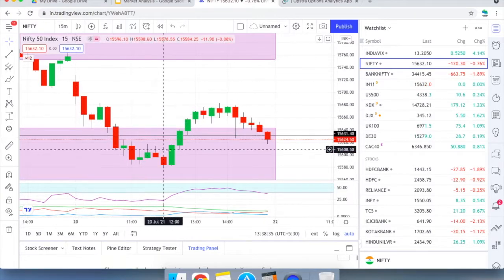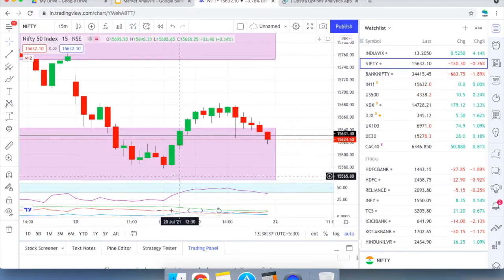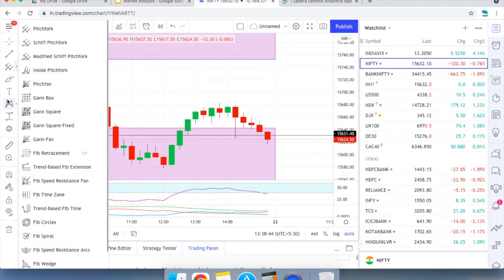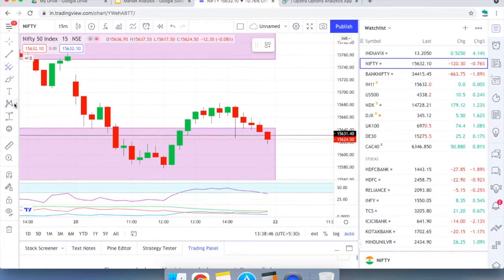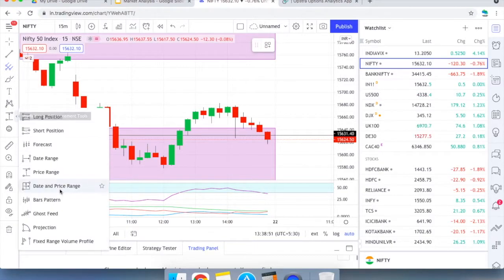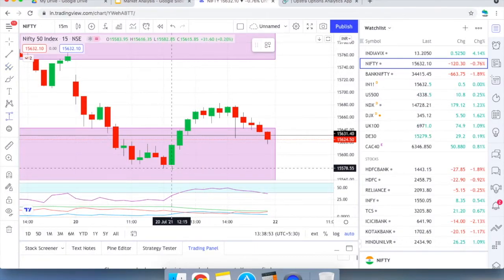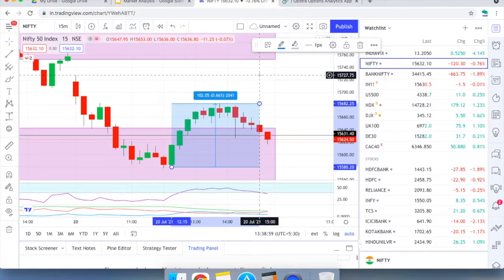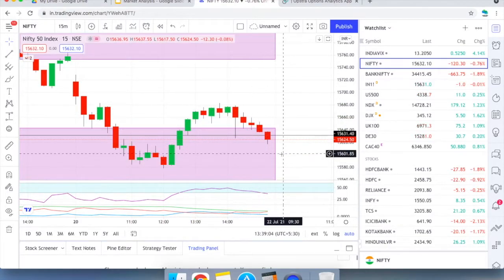Then in the afternoon, at 12:30, it started moving up. This is another of the V-shaped moves that we can expect. It moved 100 points up, then could not move further up to the day's starting level, and then it fell back, giving up half of that up move. This is what happened in the Nifty.